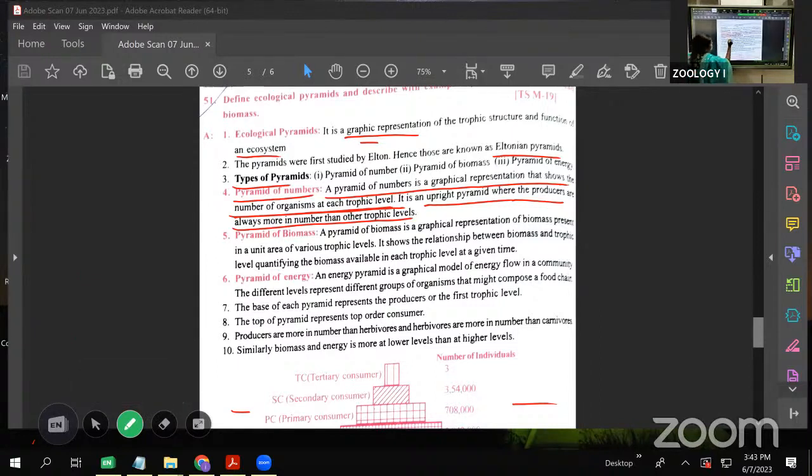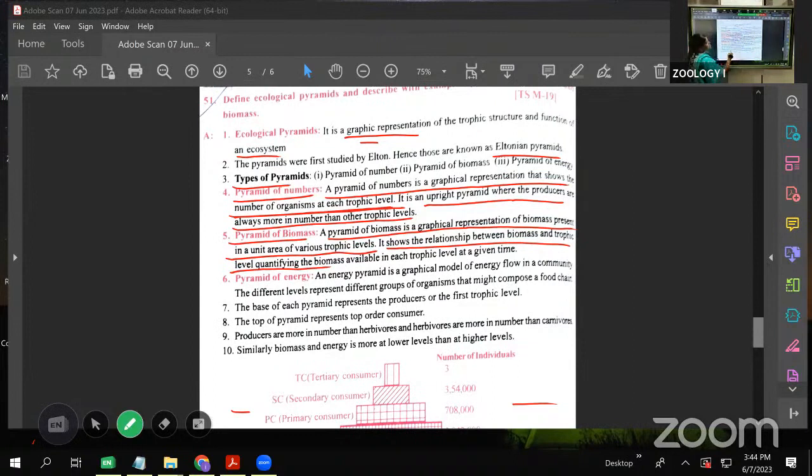The second one is the pyramid of biomass, meaning the total biomass. A pyramid of biomass is the graphical representation of biomass present in a unit area of the various trophic levels. It shows the relationship between the biomass and the trophic levels.